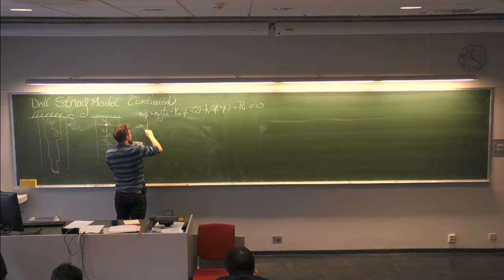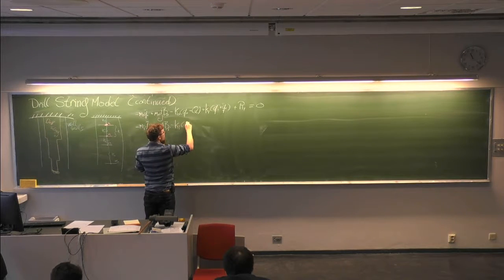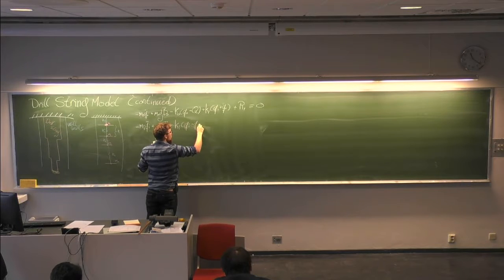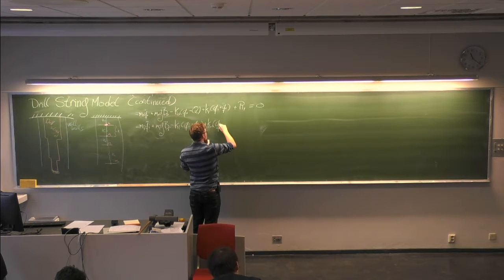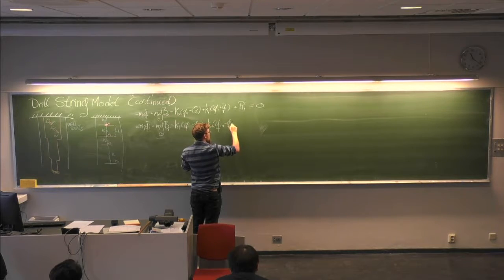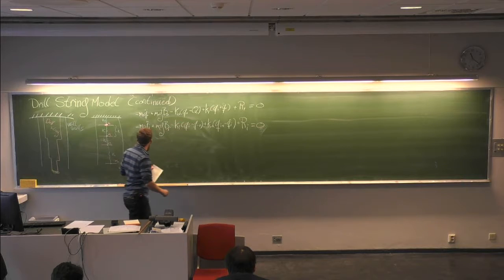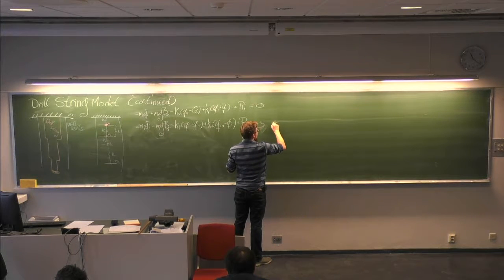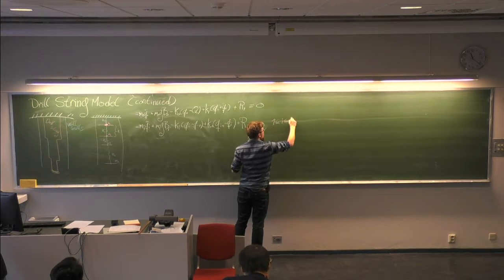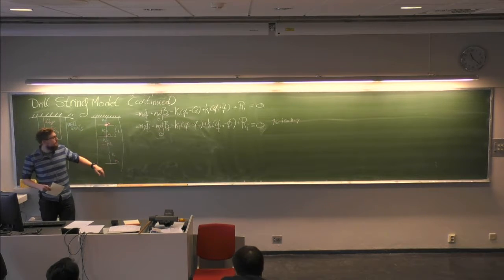for the i-th oscillator: m_i q_i double dot plus the viscous force b_i, minus k_i (q_i minus q_{i-1}) plus k_{i+1} (q_{i+1} minus q_i), again with the viscous force. And for the last one, we are missing one of the springs.